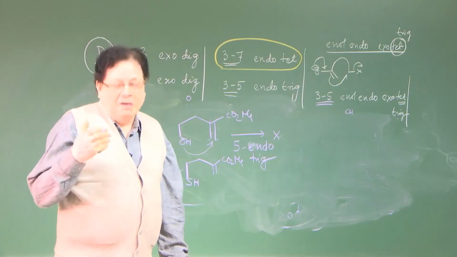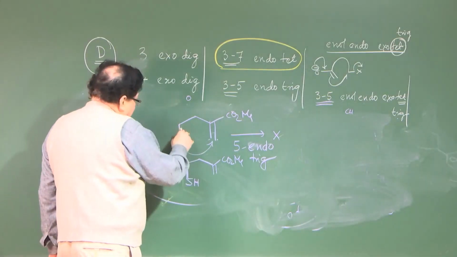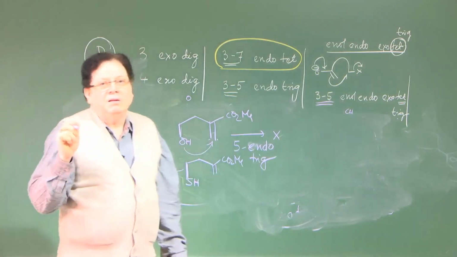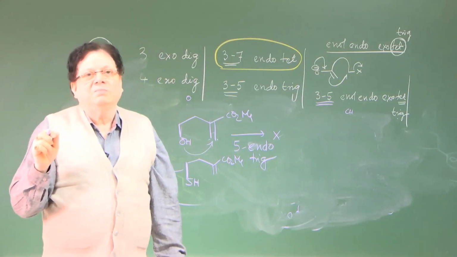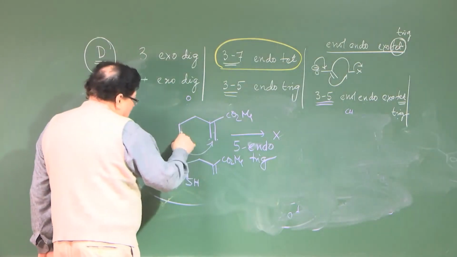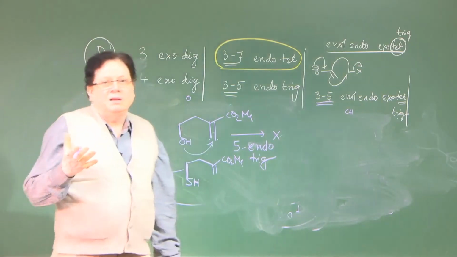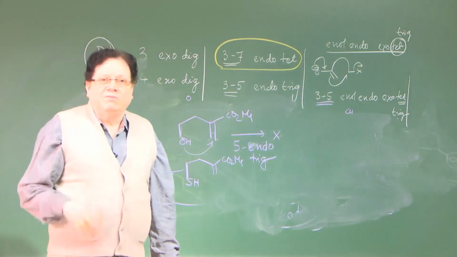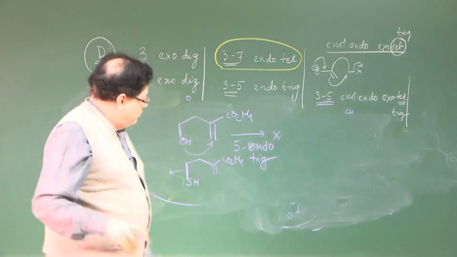When the bond length was smaller, this oxygen could not attain the trajectory imposed by the Bürgi-Dunitz trajectory of 109 degrees. Okay. That is not possible when you have a bond of smaller length, but as you put sulfur, the bond length increases. So, that gives more approachability, and the sulfur can now adopt the Bürgi-Dunitz trajectory of 109 degrees and then form the product.